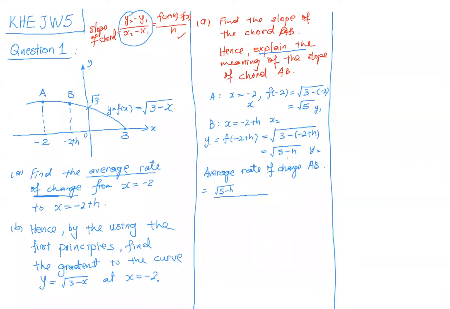This is your y2 minus y1 or y1 minus y2, it doesn't matter. Take away square root of 5. And here is -2 plus h minus -2. And if you memorize by heart, the bottom definitely is h.